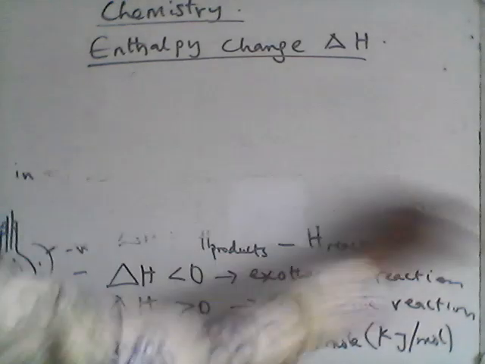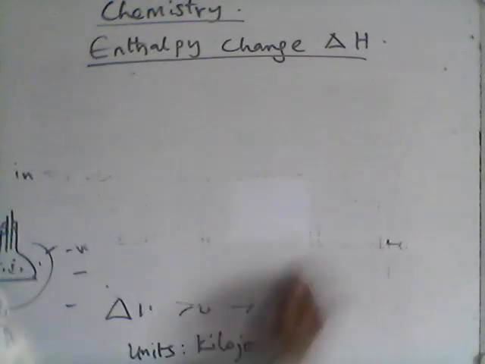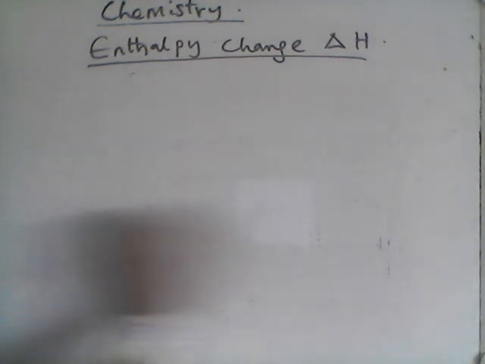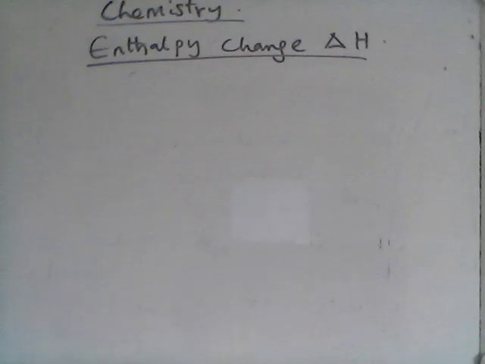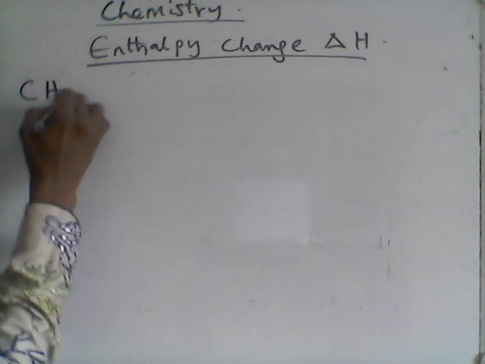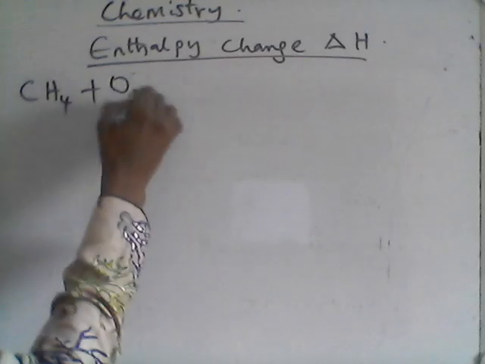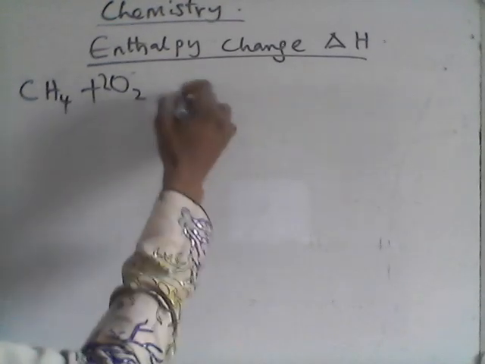Sometimes in your exams you see something like this. You'll be given a chemical equation, and information inside that chemical equation will include the enthalpy change value. So for instance, if I have methane reacting with oxygen, this is combustion that I told you about.